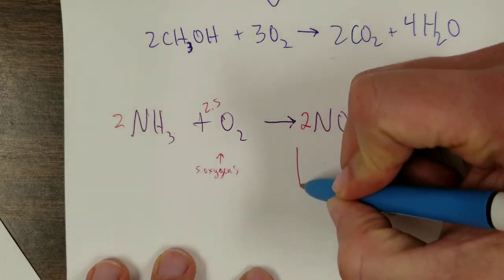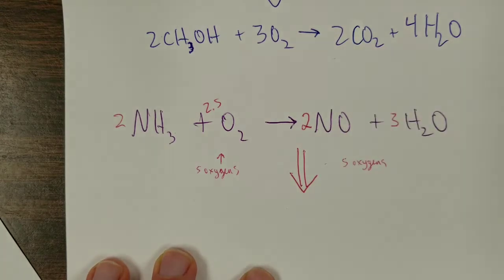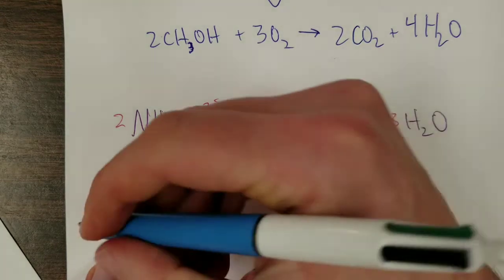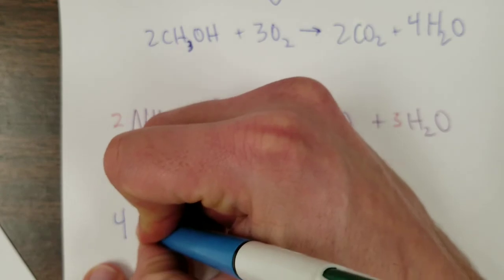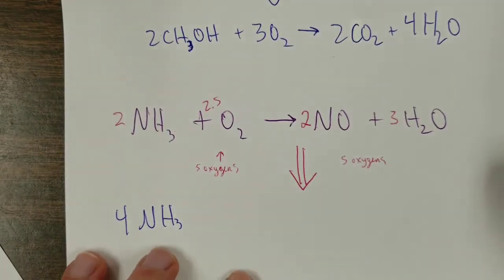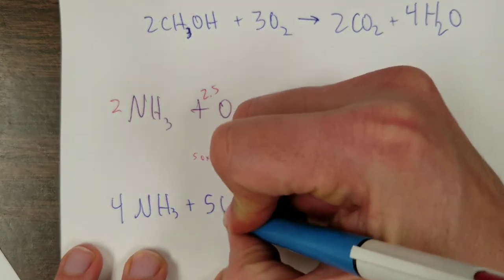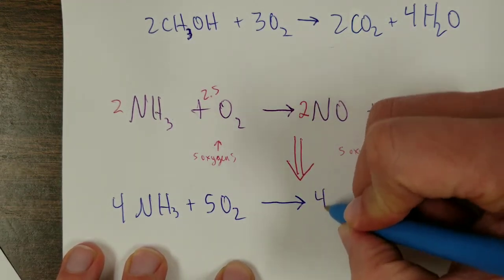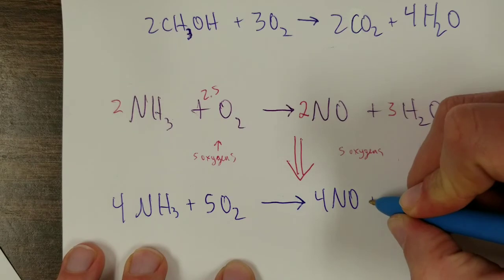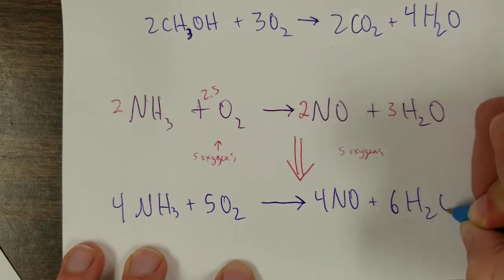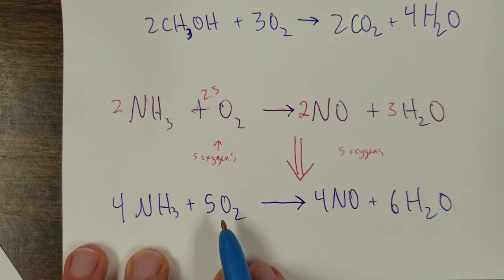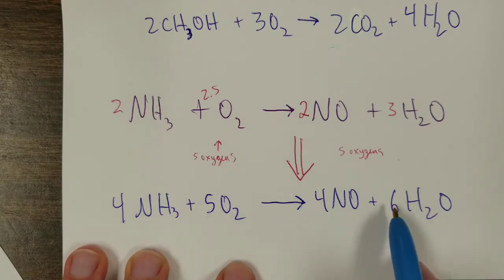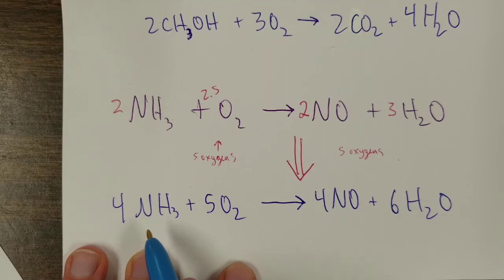So we multiply everything by 2, and that gives us the final answer of 4NH3 plus 5O2 makes 4 nitrogen monoxide plus 6 H2O. And notice this cannot be reduced. 4 to 5 to 4 to 6 ratio. You can't reduce this. This would be the final answer right here.